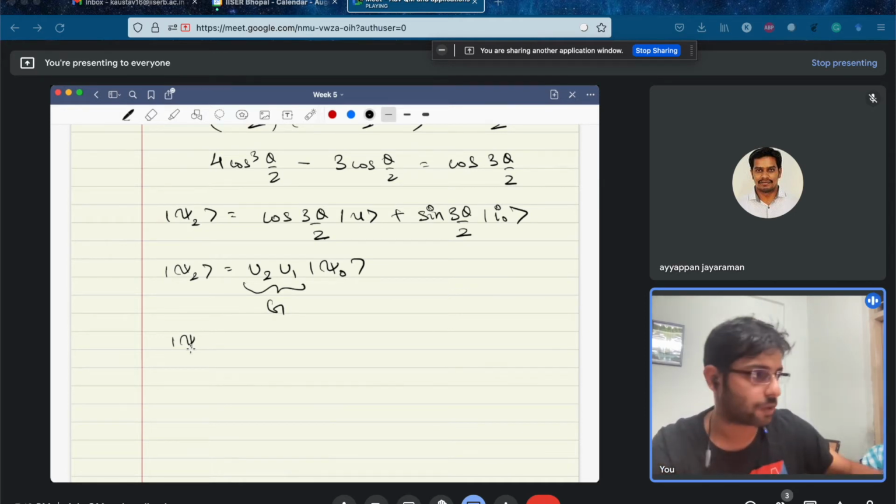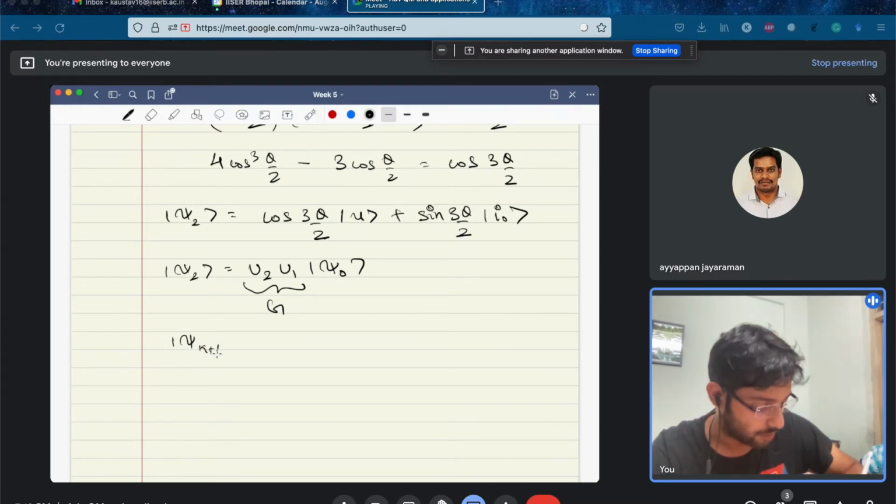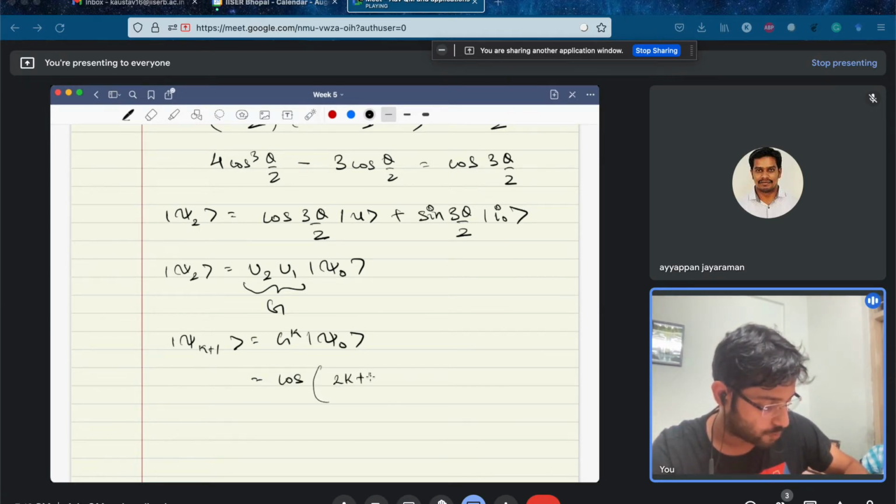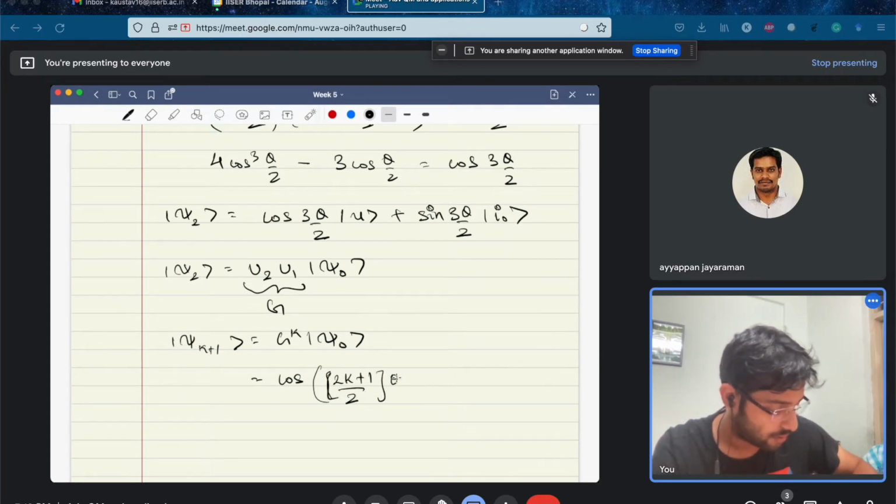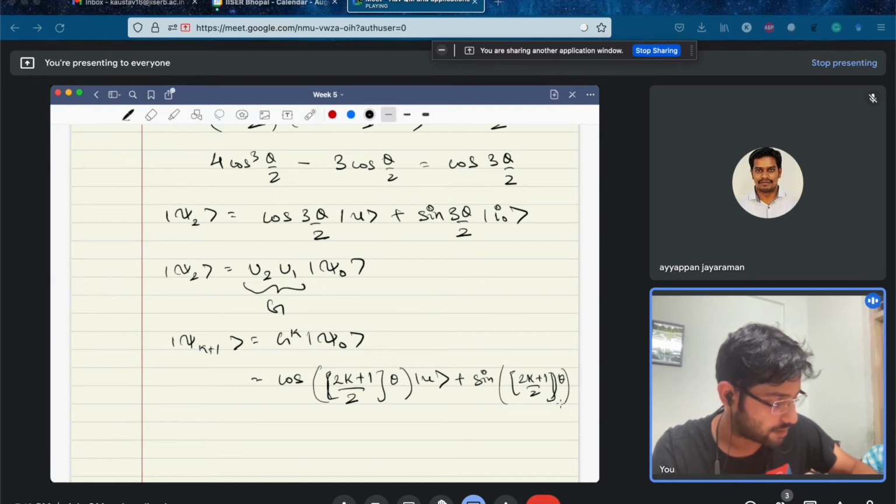So what you get here when you apply it is psi k plus 1, which is basically g to the k on psi naught. So what you get here is cos of (2k plus 1) by 2 theta on u plus sine of (2k plus 1) by 2 theta, and this is on I naught.